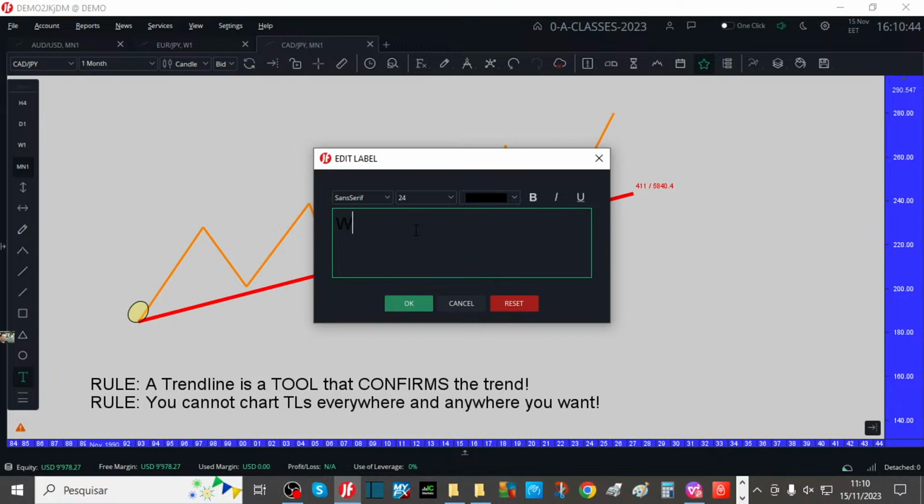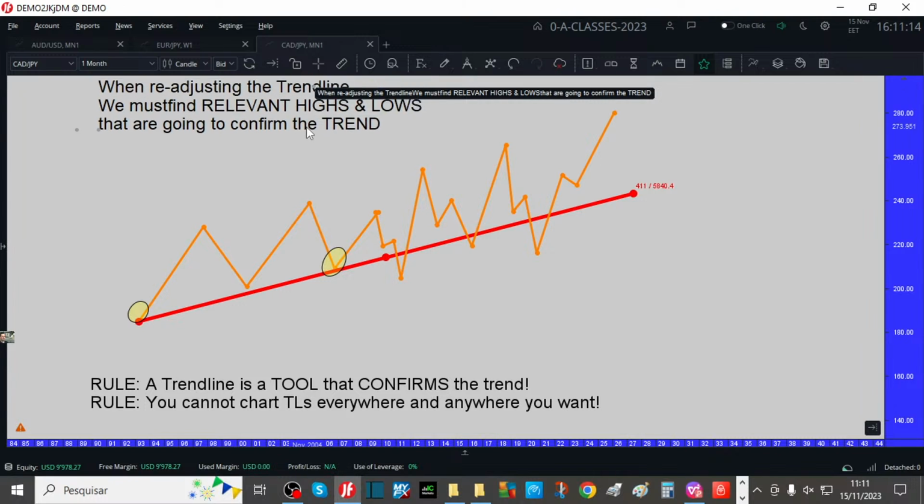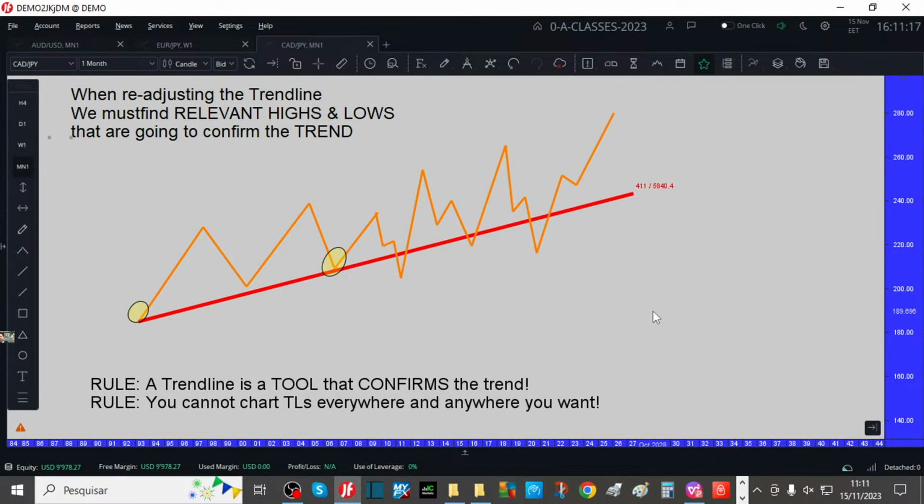When readjusting the trend line, we must find relevant highs and lows that are going to confirm the trend. All right, everybody? So I need to understand that.